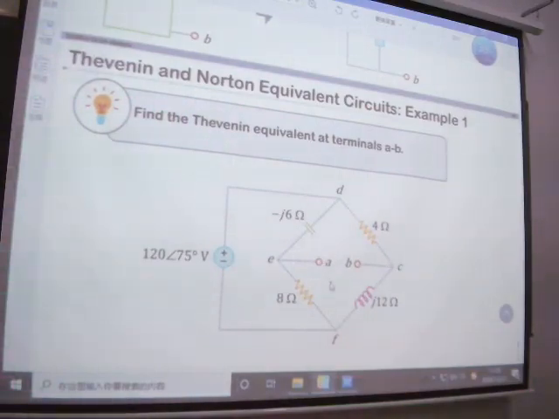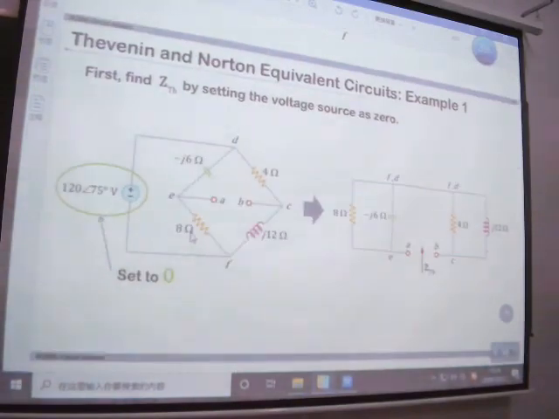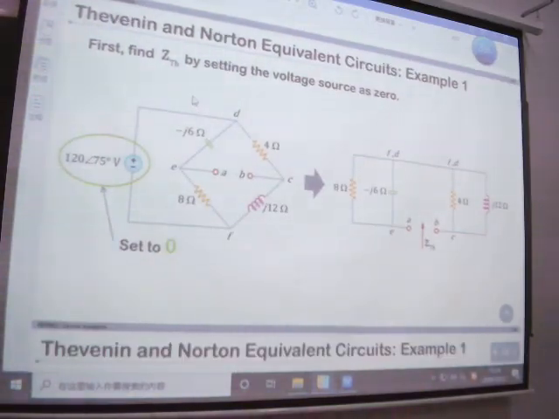Okay, so now from this port we look in. We want to find out our ZTH. If we want to find the ZTH, we need to set the voltage source to 0, because for this one it's really simple. We don't have a dependent source inside.